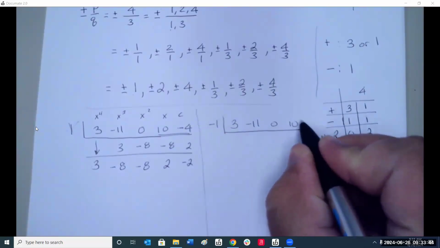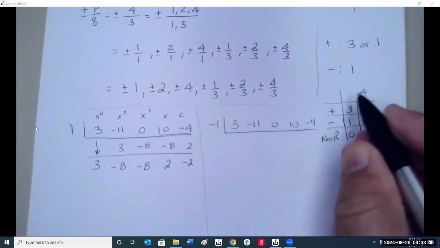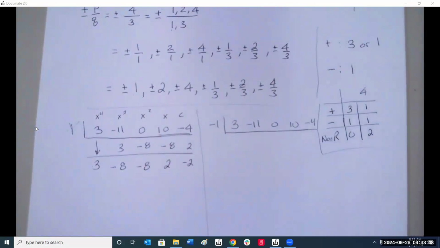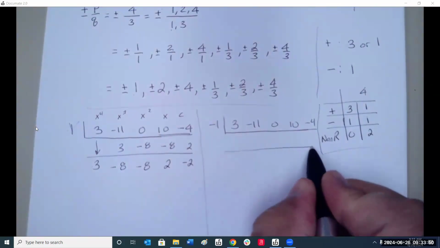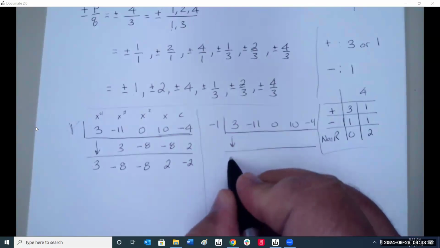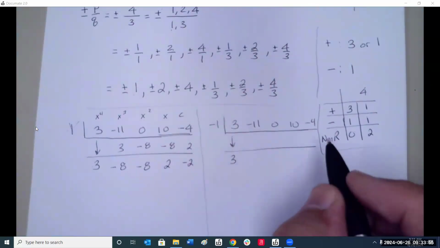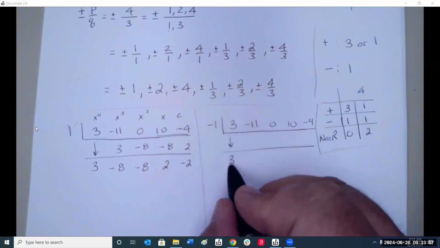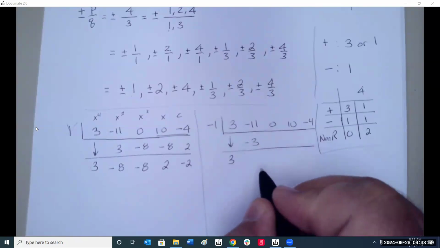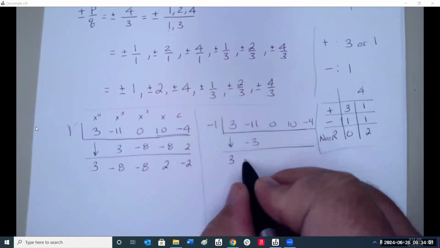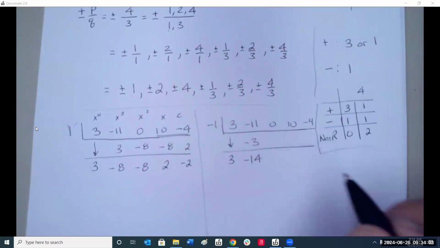0, 10, -4. Bring the first term down. -1 times 3 is -3. -3 plus -11 is -14.